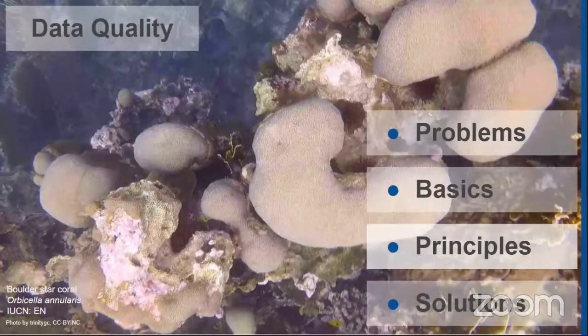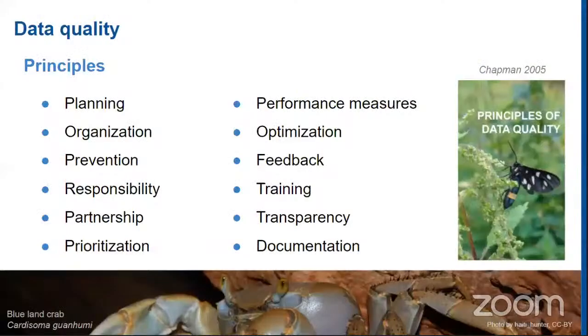So having seen some of those basics, let me mention some principles. In Chapman's publication, there are a series of principles and recommendations on data quality that have to do with these topics here. First, there is planning. It is very important to plan every step in the biodiversity data workflow or lifetime, from the collection point to the use step.